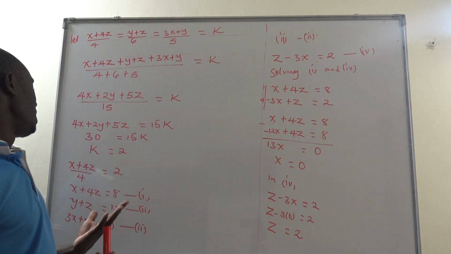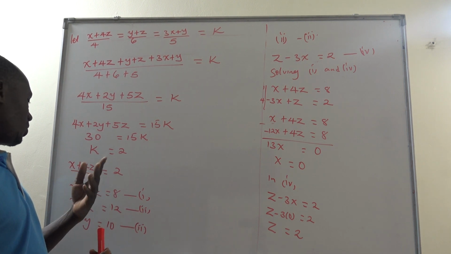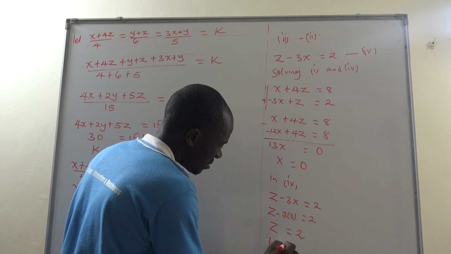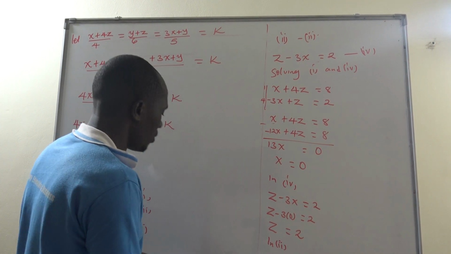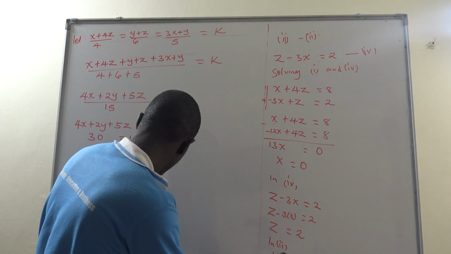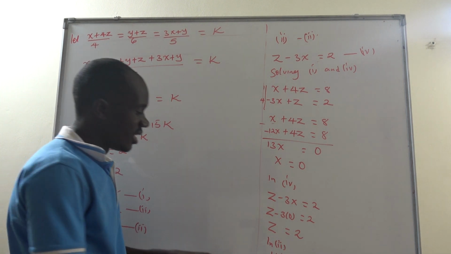Substitute in any equation. I can substitute in equation 2 or equation 3. I'm going to say in Roman 2, we have got y plus z equals 12. But we know our z is already 2.